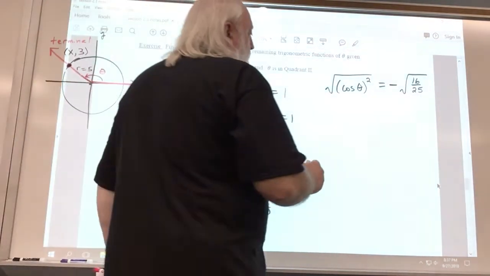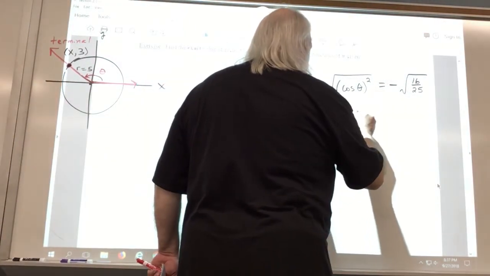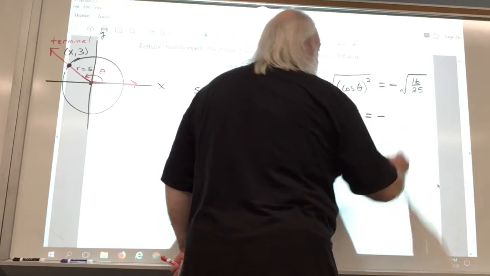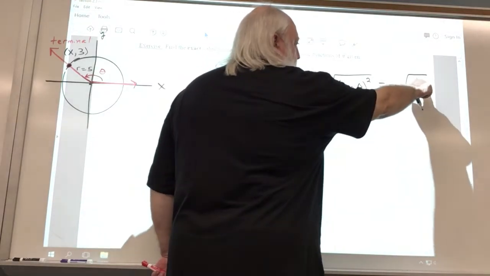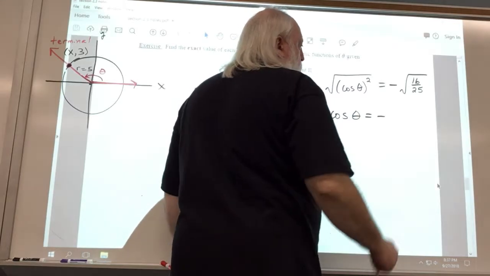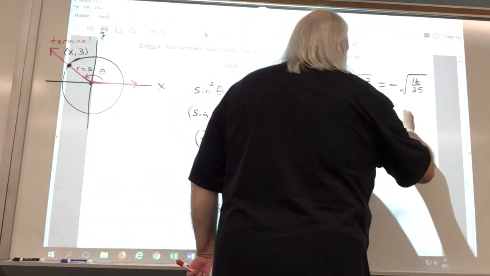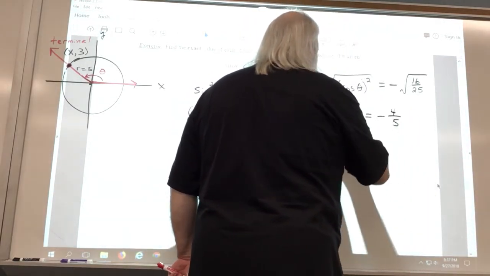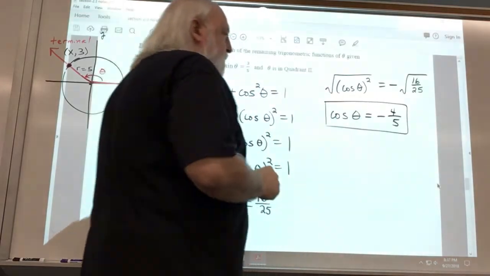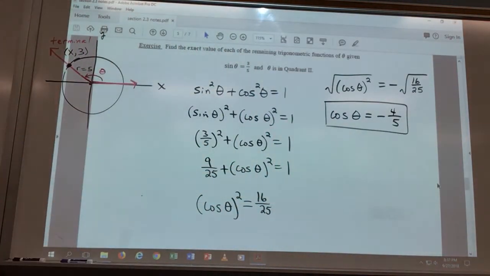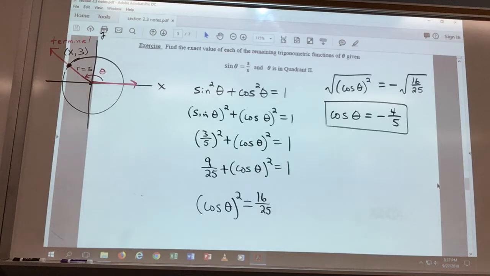And so on the left, we just have cosine theta. And on the right, we have square root of 16 is 4, square root of 25 is 5, and so we just have minus 4/5. And so that was one of our answers from the first approach we used to solving this problem.